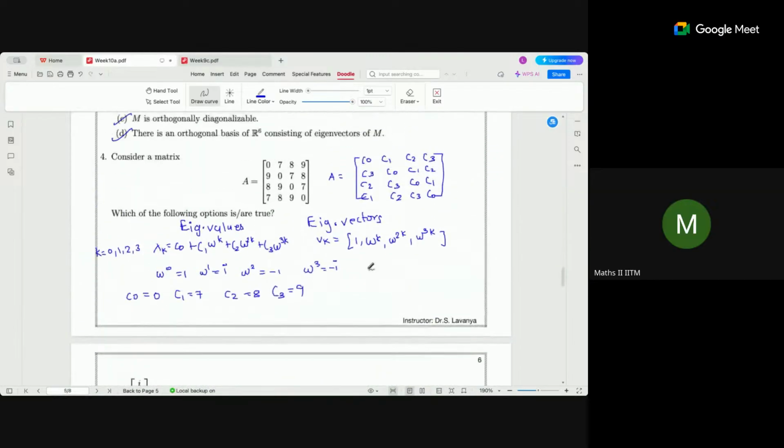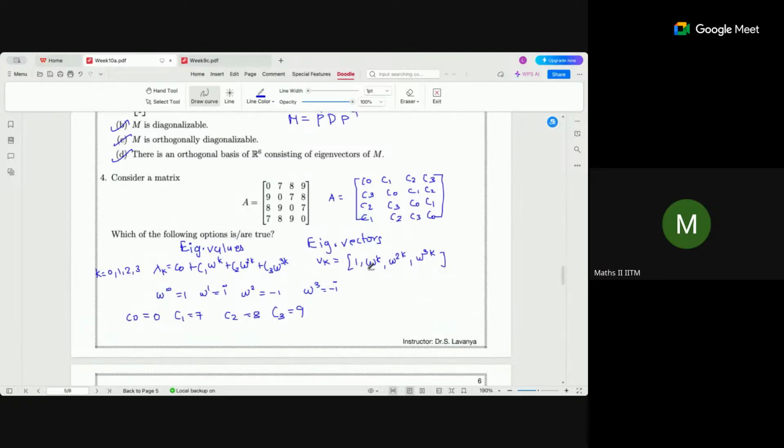What is your row sum here? Is it matching with what you got using the formula? Are they coinciding? Yes, so 24 is the row sum actually. So your lambda 0 is in fact the sum of the entries in the row.